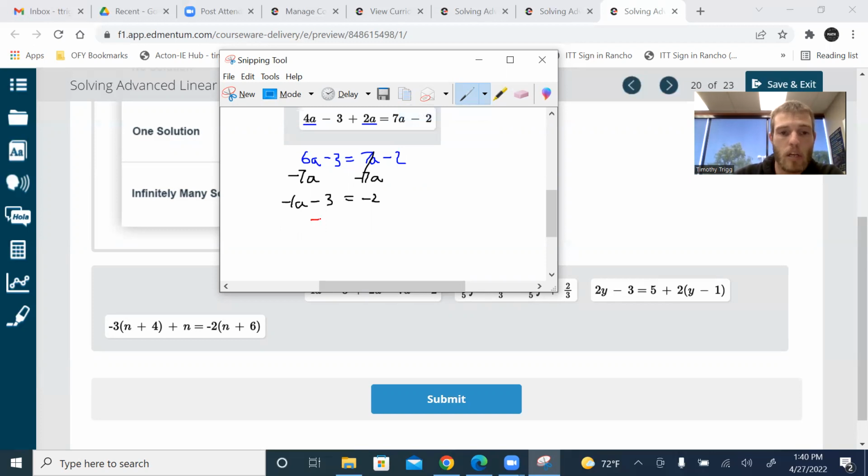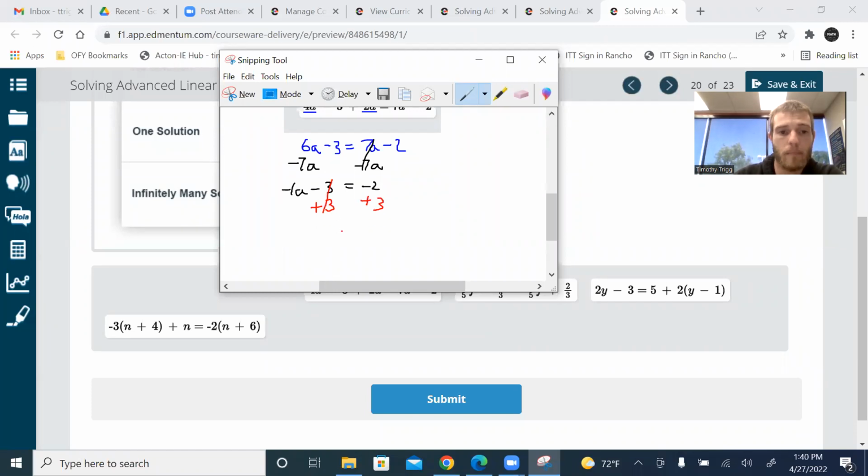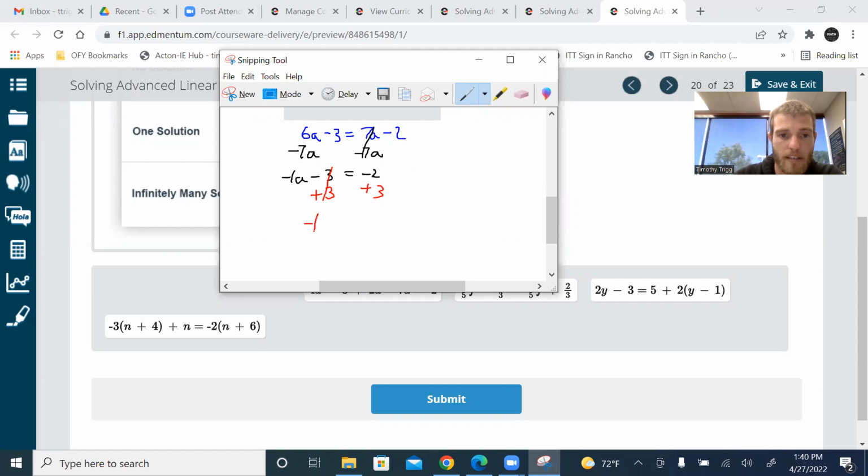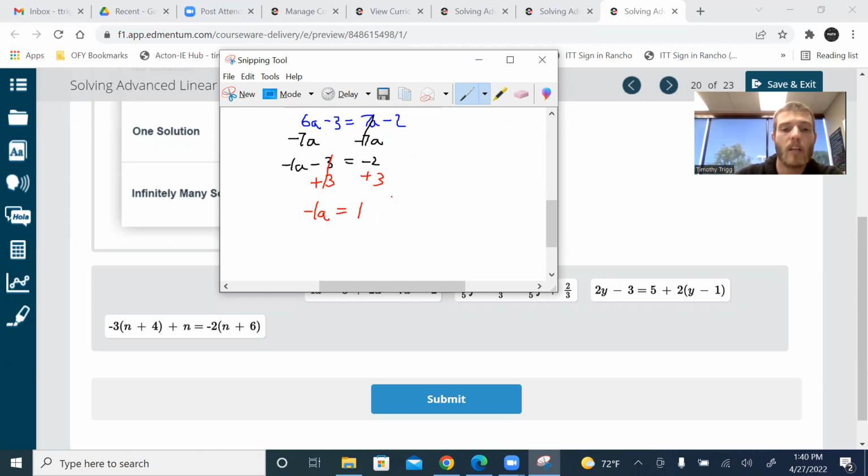The next step here is to use the addition property of equality to add 3 to both sides of the equation, canceling this 3. This gives us that -1a equals -2 plus 3 is 1. Here we have more positives, so it stays positive.